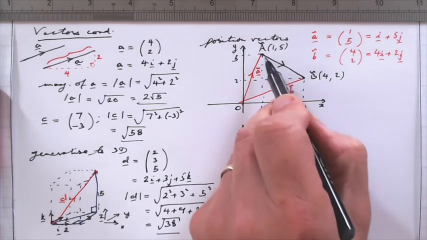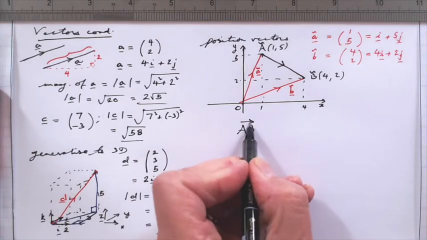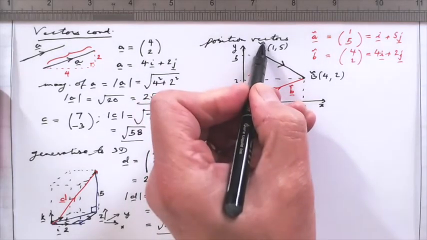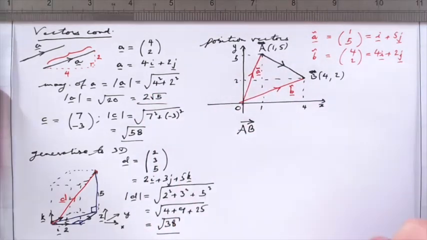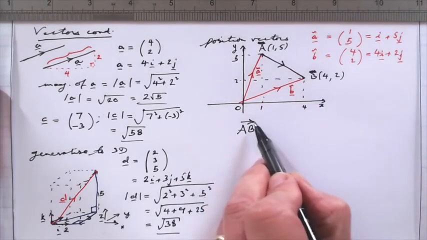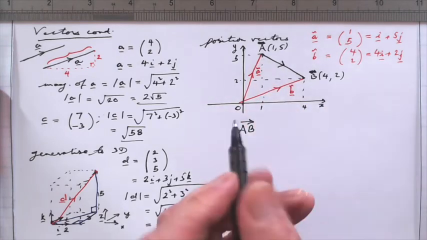We say AB is this segment here, and we might draw an arrow above it to indicate that it's a vector. I'm going to get rid of the tildes on those coordinate points because it's getting too messy. So A and B are these points, and AB with an arrow above is the vector that goes from A to B.